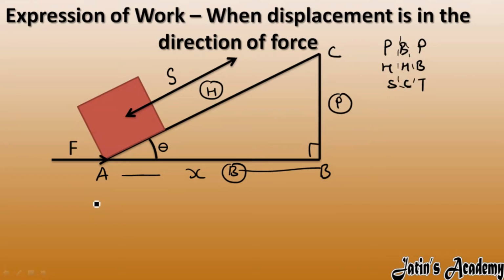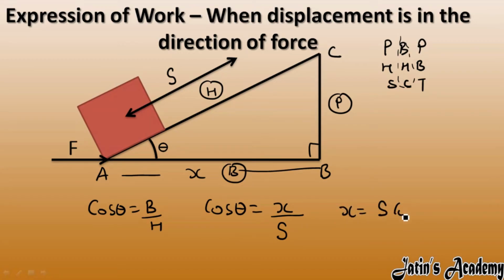So in triangle ABC, cos theta is base upon hypotenuse. Cos theta remains the same. Base value we have x, and hypotenuse we have displacement. So x value we got by cross multiplying as s cos theta. Now carefully see what is work done.